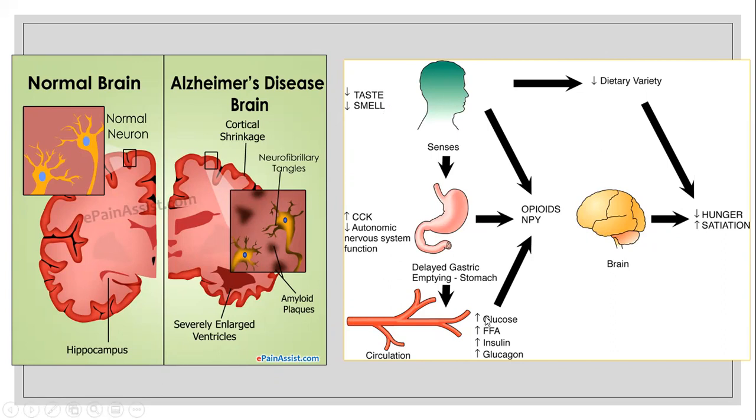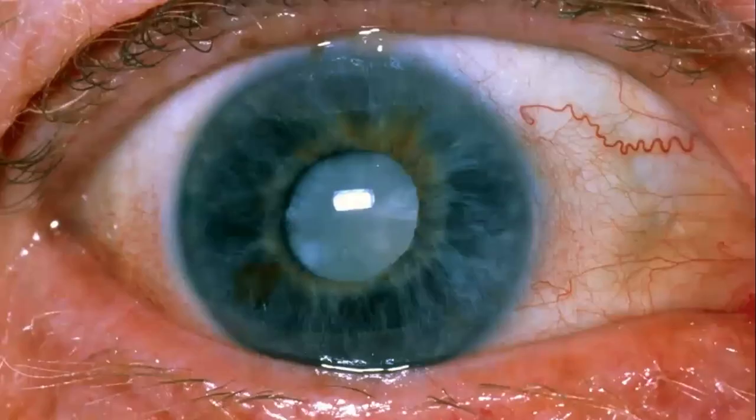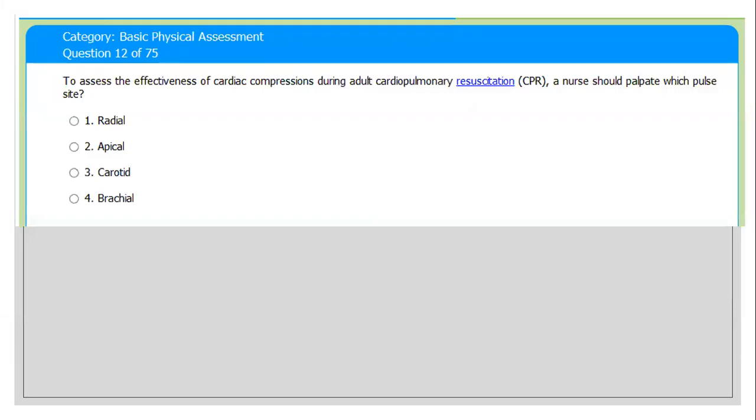Also, glucose level increases, insulin level increases, glucagon level increases. Blood circulation to the tissue decreases. Also, gastric emptying is delayed. So all of these changes occur because of aging. In this picture, we can see the opacity in the lens and cataract formation because of aging.